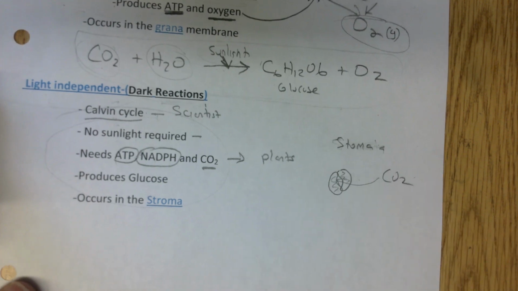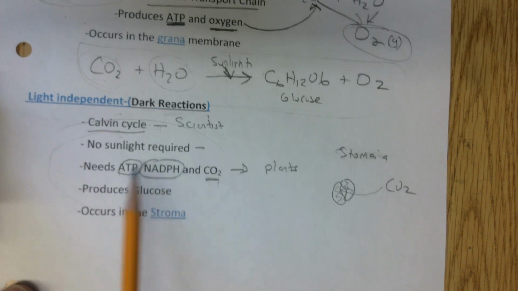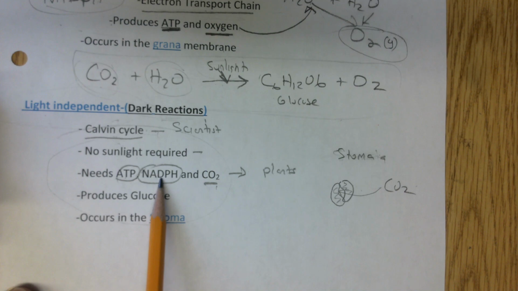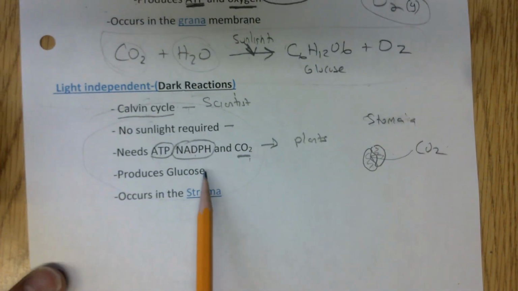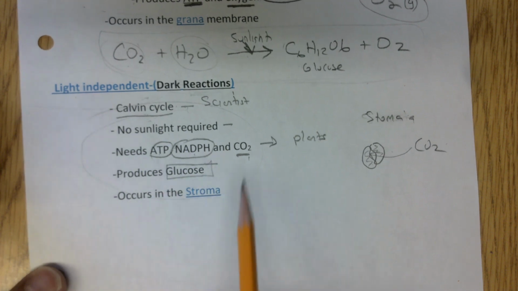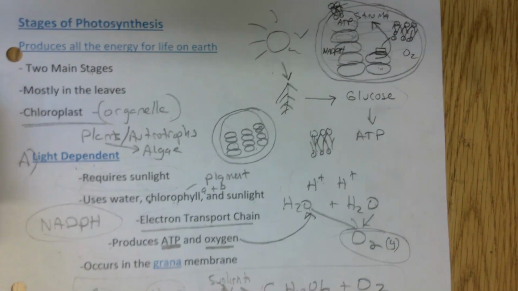So plants are taking in CO2 because they need it for this process. ATP and NADPH are made in the light dependent reactions. Then this also makes glucose, and this occurs in the stroma, which is this open space where there aren't any grana.